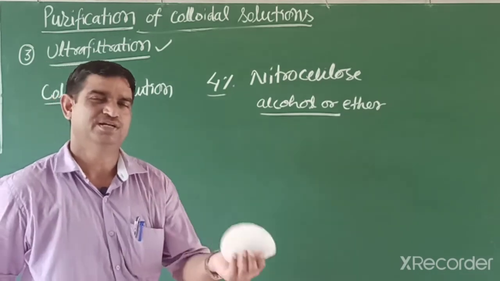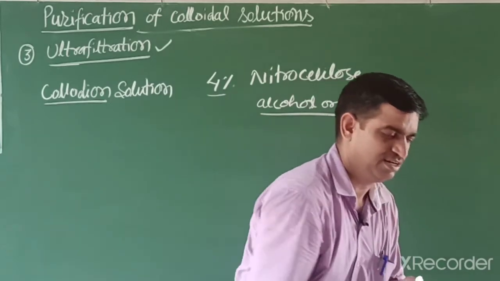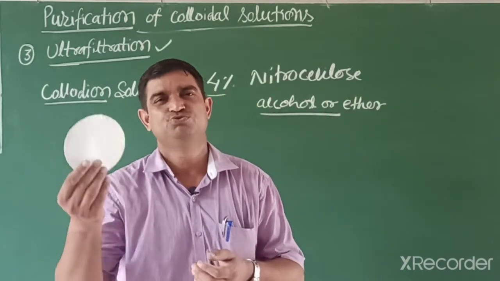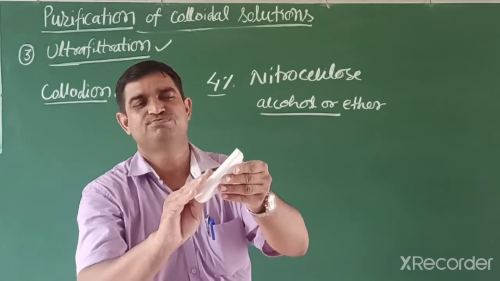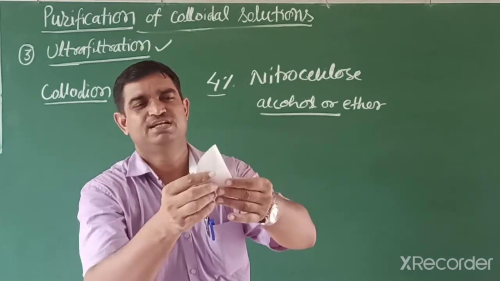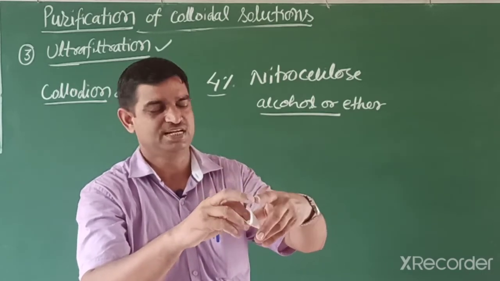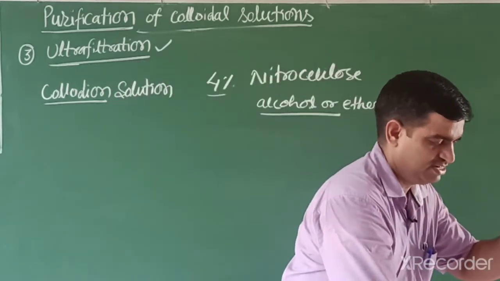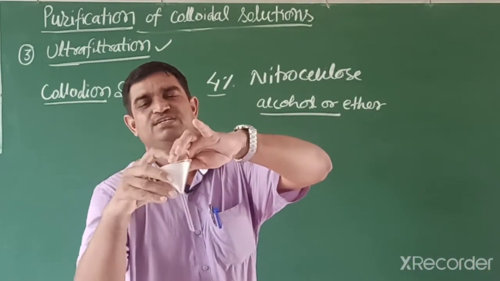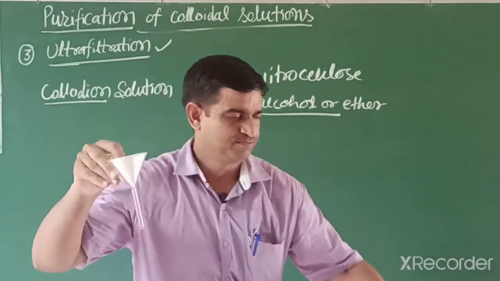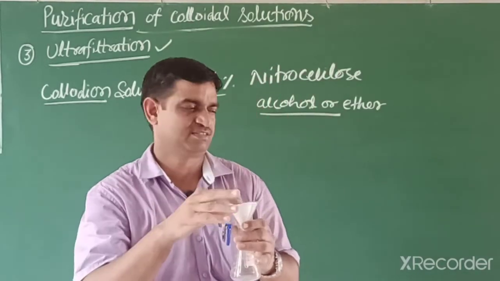Students, you already know how to use filter paper. In 9th class there is an activity on using filter paper. I am showing you. First I fold this filter paper in this way, then fold it once again. So we take three layers on one side and one layer on the other side and place it in a funnel in this way. After that we put it over a conical flask.